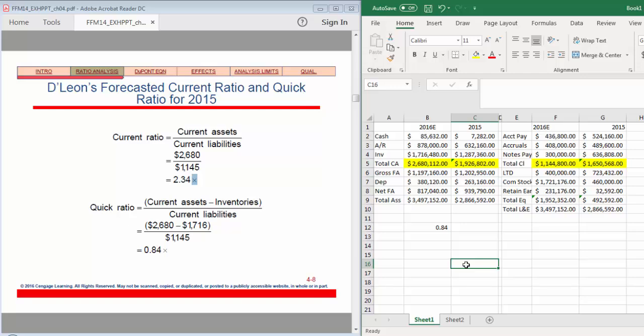For example, if we don't have enough cash for some reason, or our clients who need to pay us for accounts receivable don't pay, we'll be in serious problem, because the rule of thumb is that you should have at least as much in current assets as current liabilities. That's a minimum to cover or have the status quo. So in this case, it's below 1, which is not good.